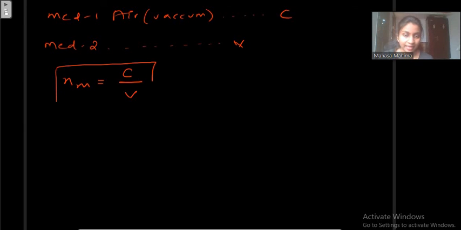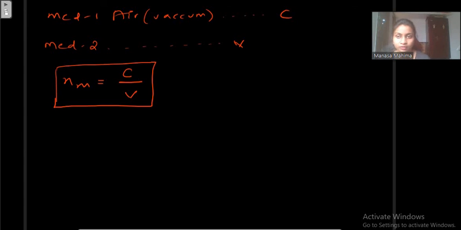So Nm is equal to c by v represents the absolute refractive index, or else you can say the refractive index of the medium with respect to air or vacuum. Okay, this formula is important while solving some problems.